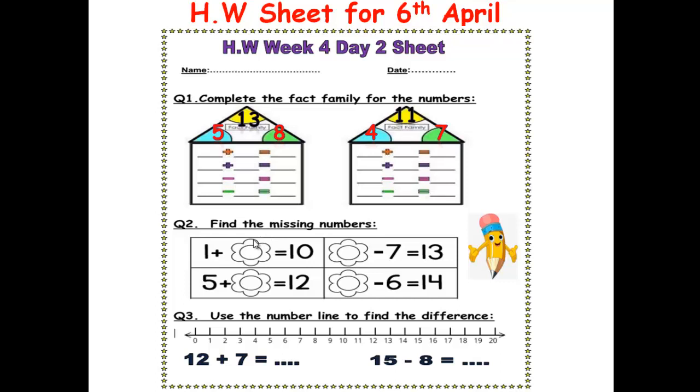You remember we said we can form 2 additions and 2 subtractions. So I'm going to do the first addition for you. I'm going to take part number 1, which is 5, and then add part 2, which is 8, and it is going to equal the whole number, which is 13.